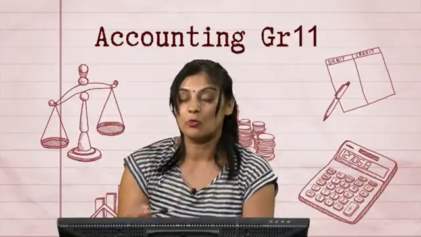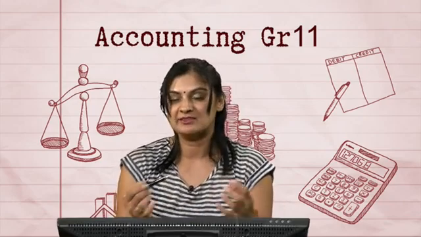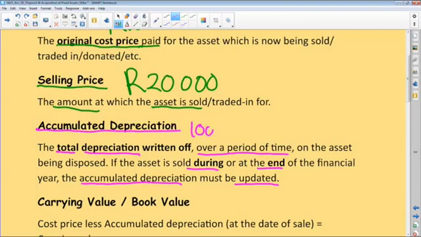Every year, when I write off depreciation over a period of time, that depreciation accumulates, it adds up. So for example, in the first year, I could have written off depreciation of 1,000. In the second year, 900. The third year, let's assume I'm writing off depreciation of 800.